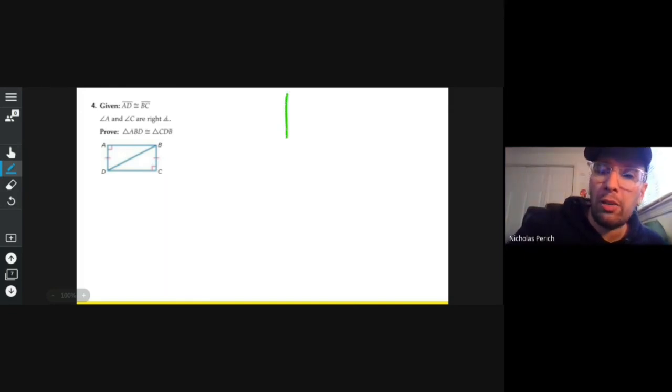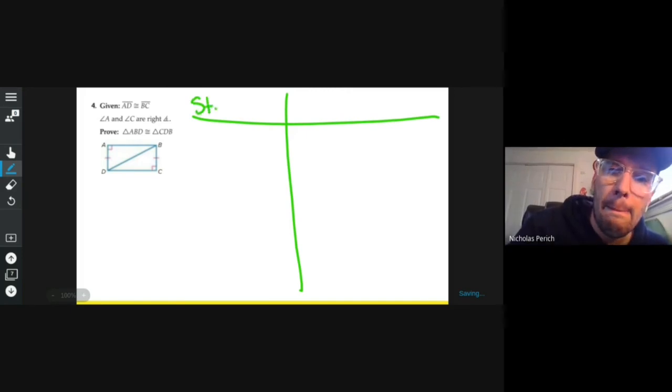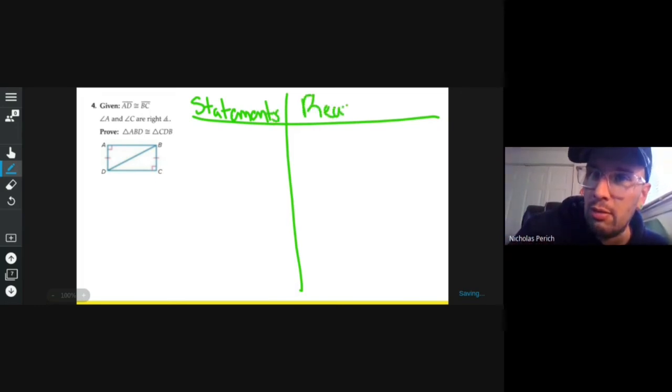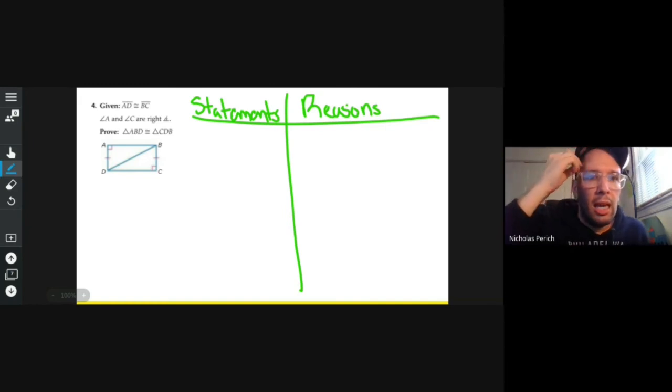All right, look at all this space that I get to use. Statements. Reason. All right, so this is what we're given. AD is congruent to BC, and that's nice.